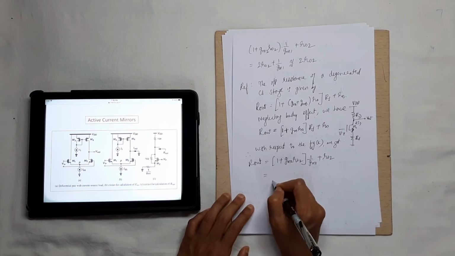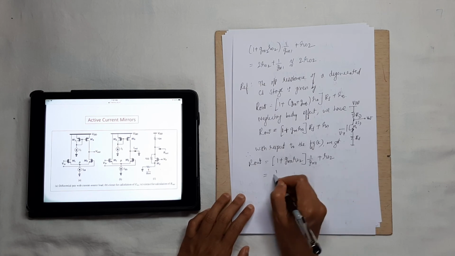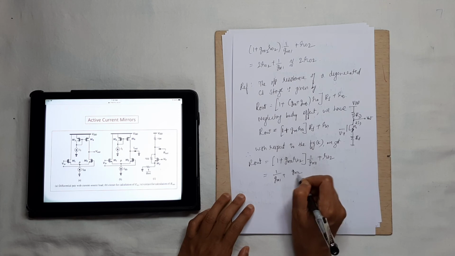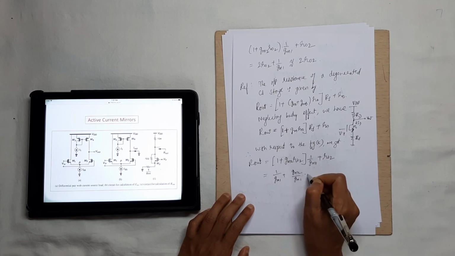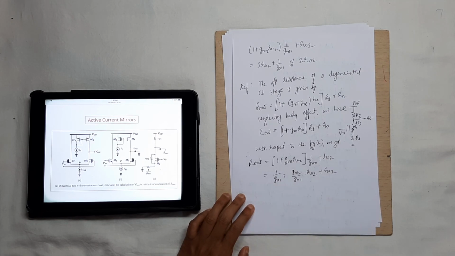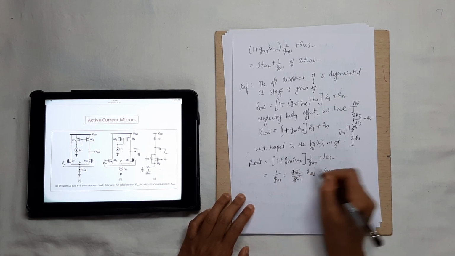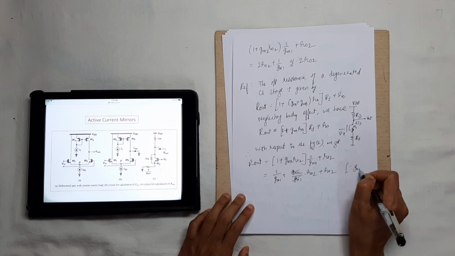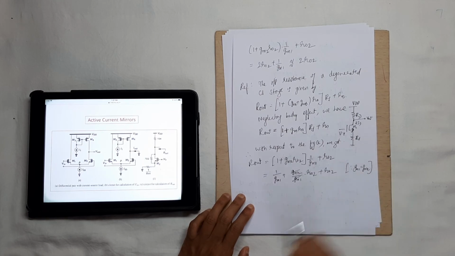Let us expand the bracket: 1 upon GM1 plus GM2 divided by GM1 into RO2 plus RO2. These two will cancel out because GM1 is equal to GM2.